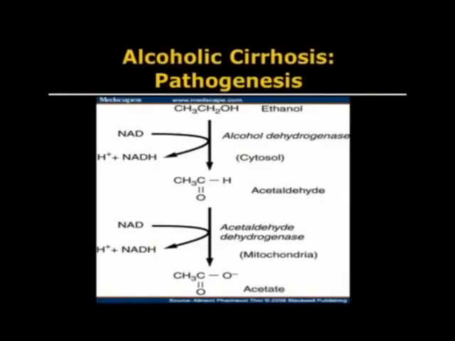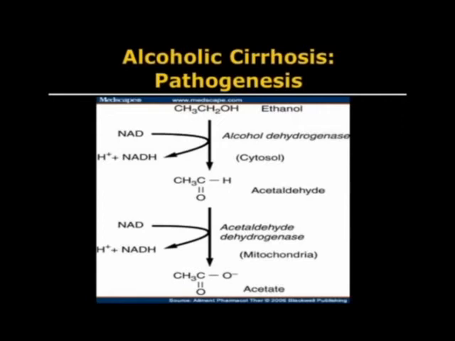Here is the alcoholic cirrhosis pathogenesis, okay. Ethanol is converted by alcohol dehydrogenase, with NAD, nicotinamide adenine dinucleotide, being reduced to NADH as proton receptor, to form acetaldehyde.